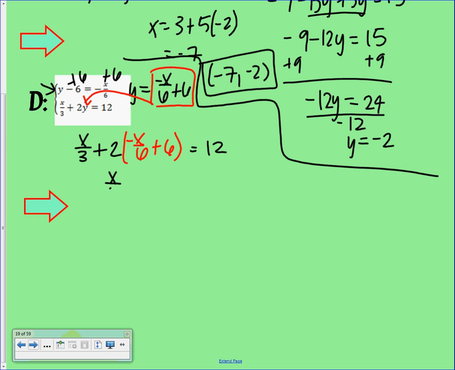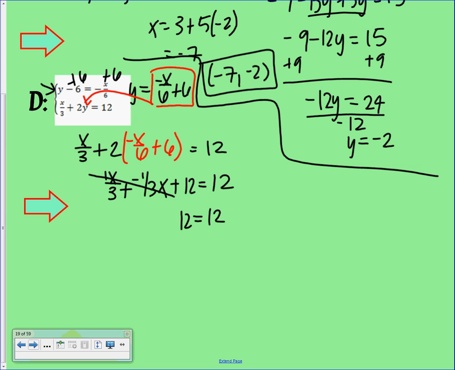So I've got x over 3 plus, let's see, that's 2 times 1/6, so that's negative 1/3 x plus 12 equals 12. And x over 3 is the same thing as 1/3 x, so 1/3 x minus 1/3 x is 0. So I'm left with 12 equals 12. So what happened here is all of my variables canceled out.